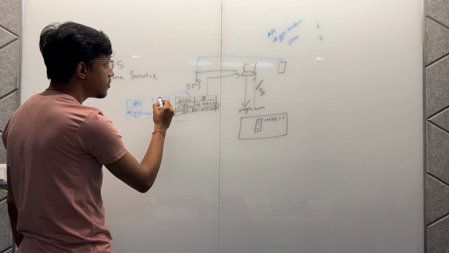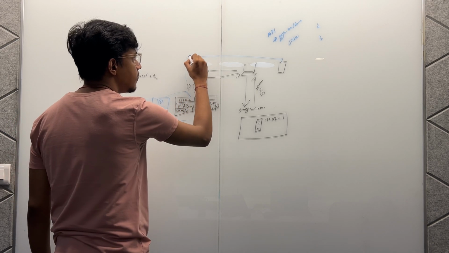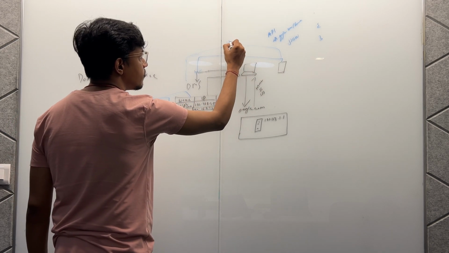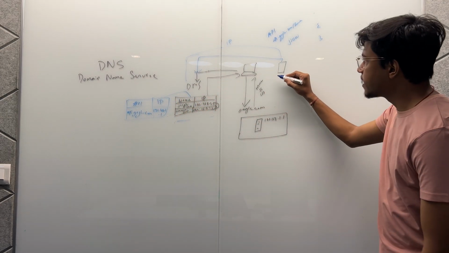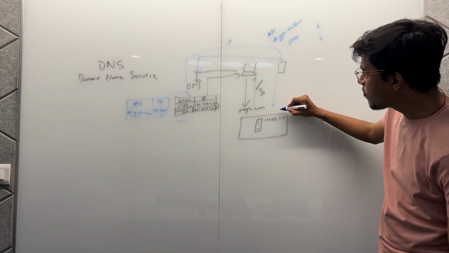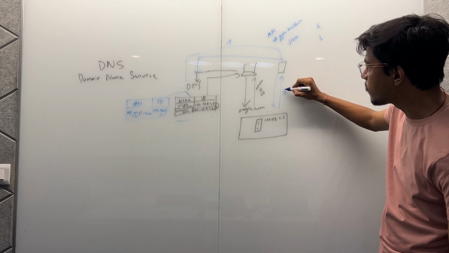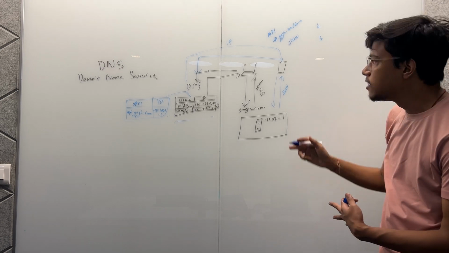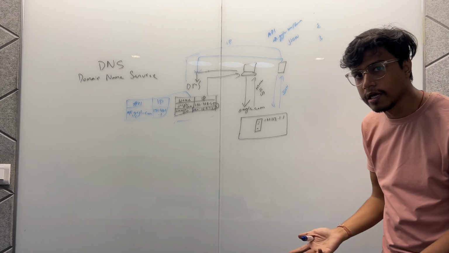So it will return the IP of the server where the data is stored to the mobile application. Now the mobile application will hit this server because it has the IP. This server will not return HTML, JavaScript, and CSS. It will return a JSON file or JSON structure that the mobile application will internally resolve by itself, and it will show you the UI.